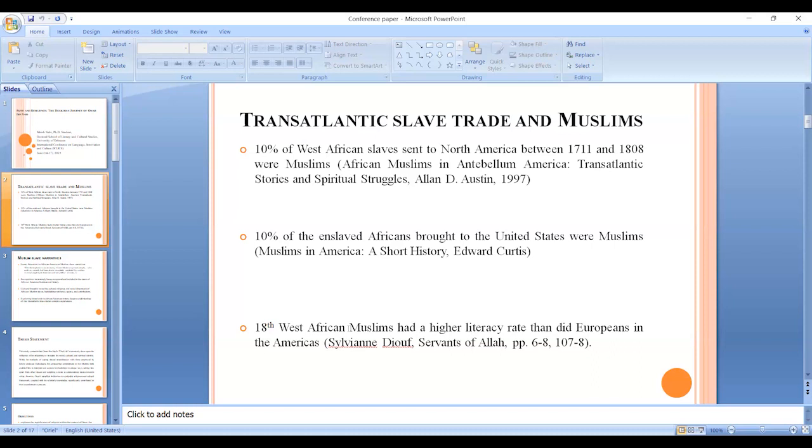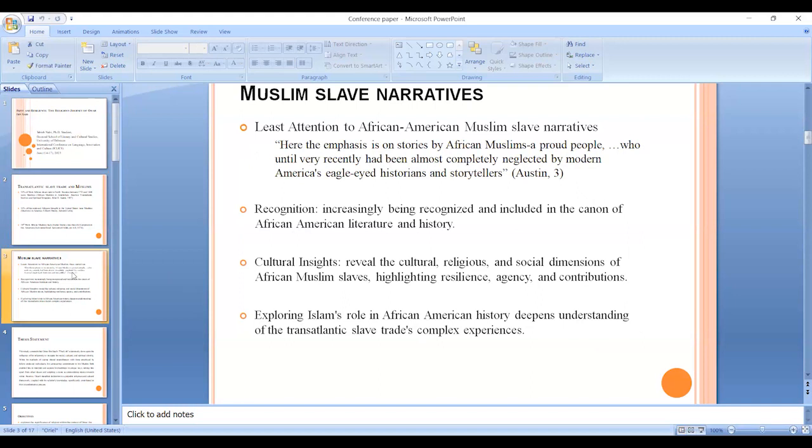And it is Edward Curtis, who has written this very eminent text on Muslims in America, A Short History, who affirms Allan D. Austin's claim that 10% of the enslaved Africans brought to the United States were actually Muslims. And given the bird's eye view of Muslim slave narratives, these slave narratives were basically given the least attention.